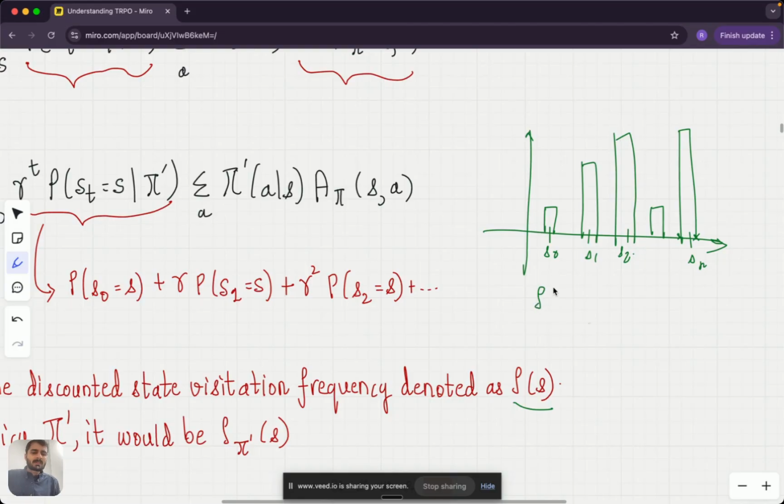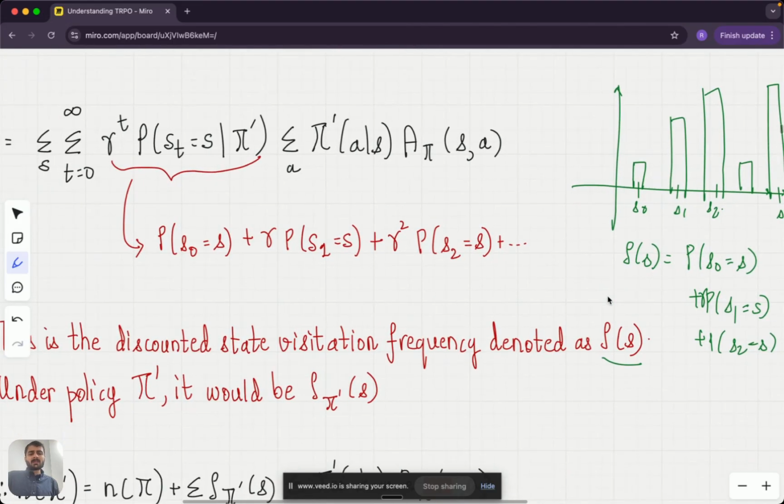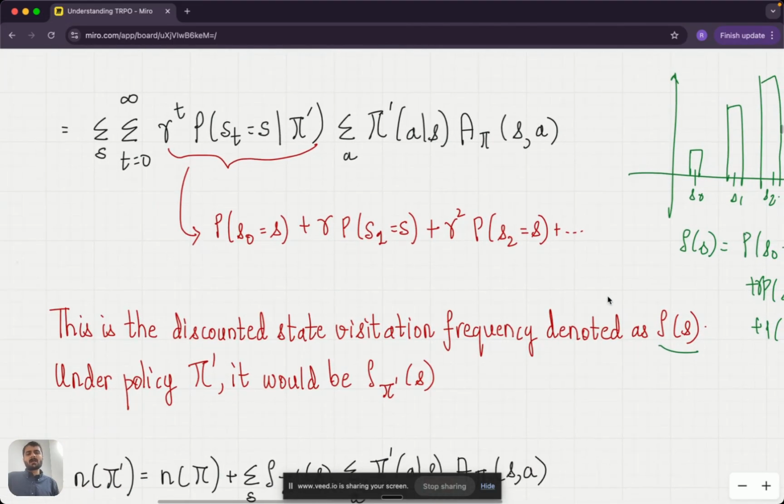So rho of S, the state visitation frequency, is given by probability of S0 equal to S plus probability of S1 equal to S plus probability of S2 equal to S, dot dot dot. We add a gamma over here because it tells us that the state visitation frequency is discounted by the factor gamma.